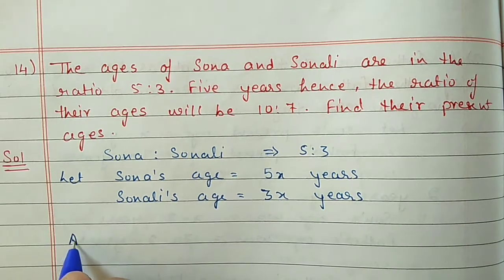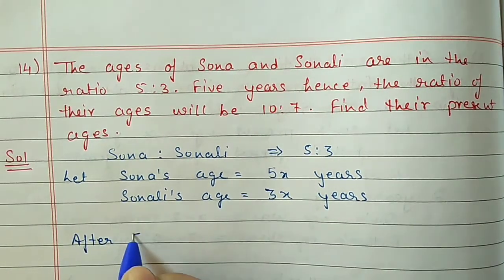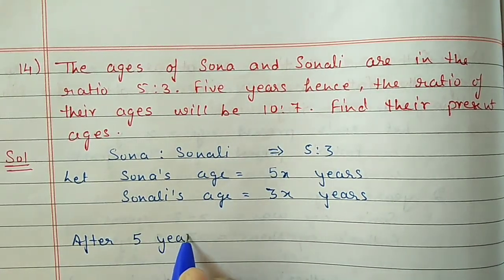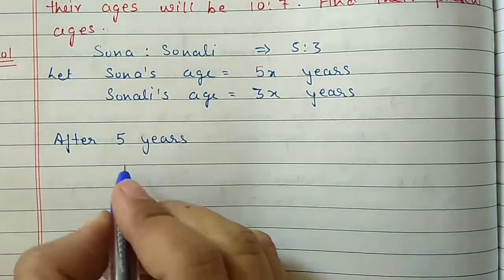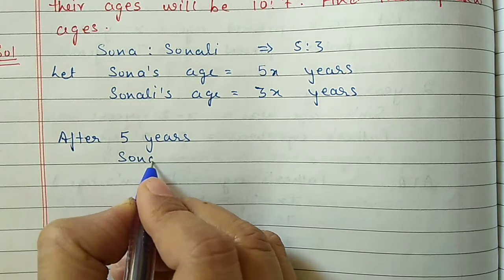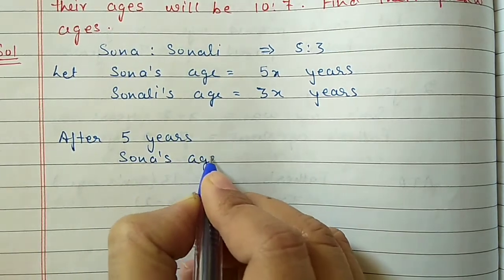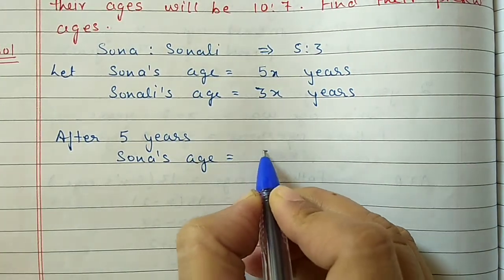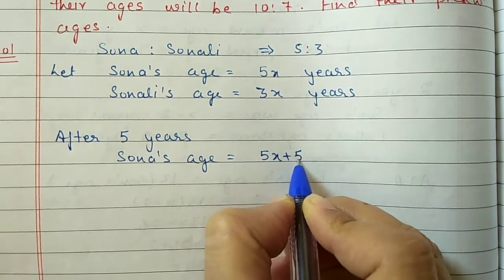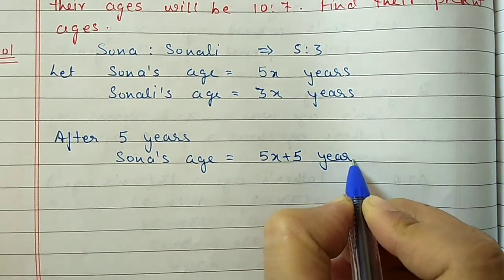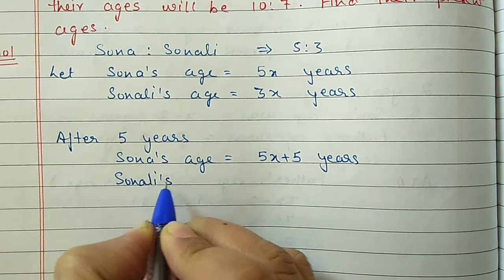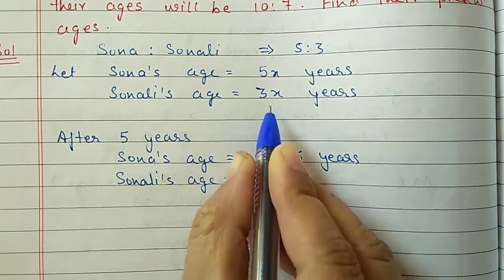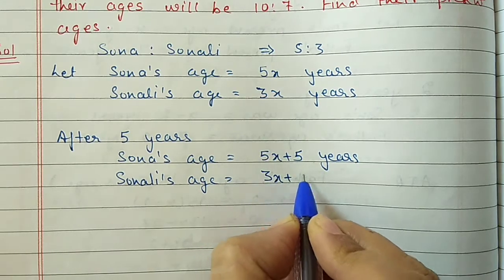So after 5 years we will calculate their age. After 5 years Sona's age will be, we have to add 5 to their age, 5x plus 5 years, and Sonali's age will be 3x plus 5 years.